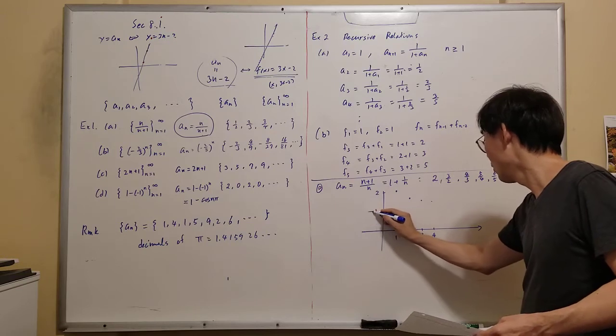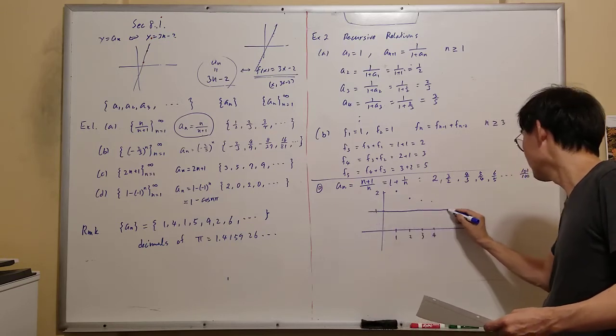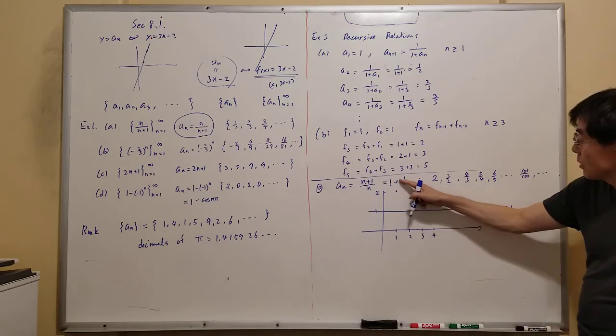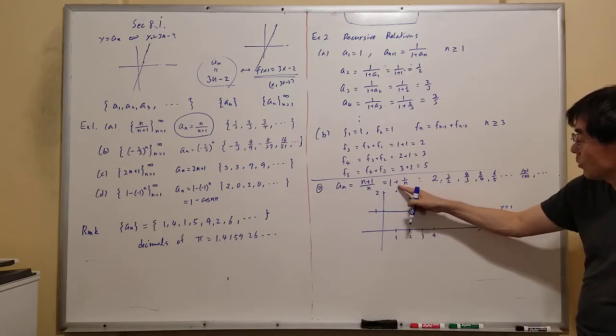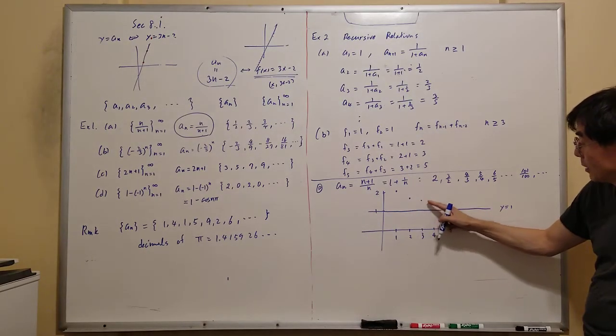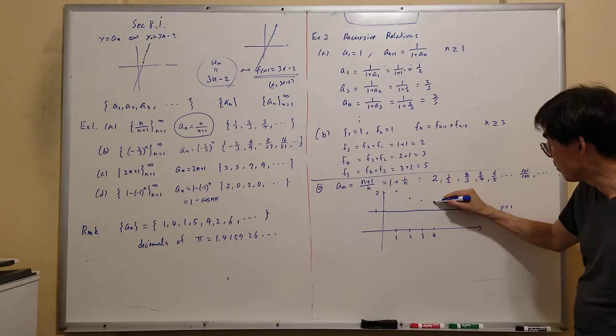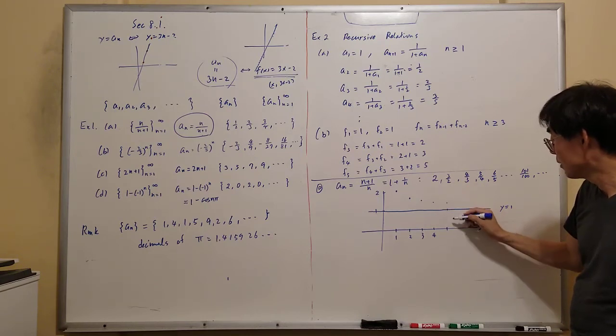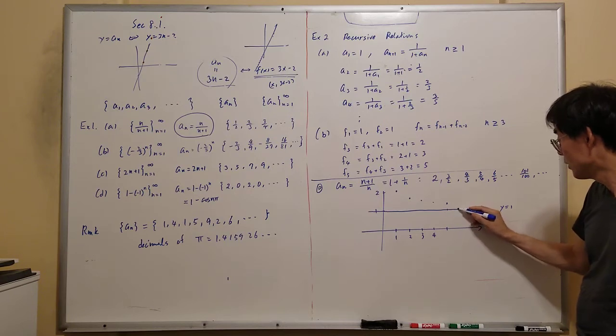If I draw the y equals 1 line, this is 1 plus 1 over n. So when n equals 3, it's 1 plus 1/3, 1/3 above 1. 1/4 above 1. 1/5 above 1, right? And 1/6 above 1.